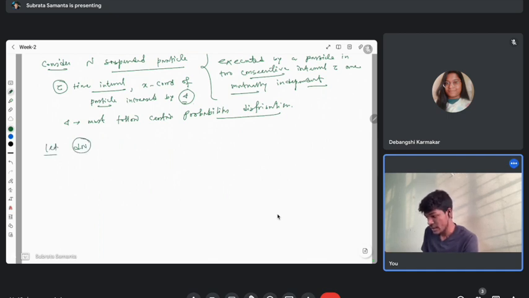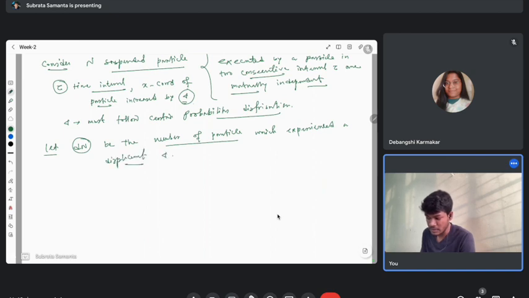Let dn be the number of particles which experienced a displacement between delta and delta plus d delta, a small range.